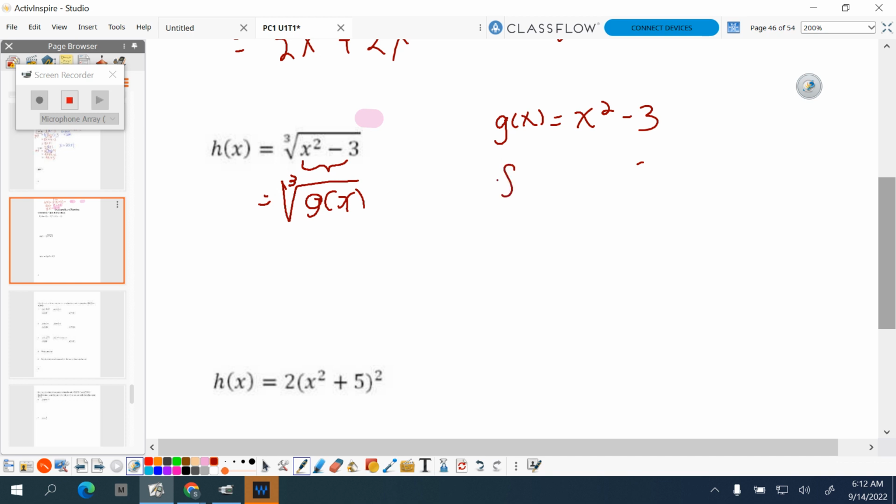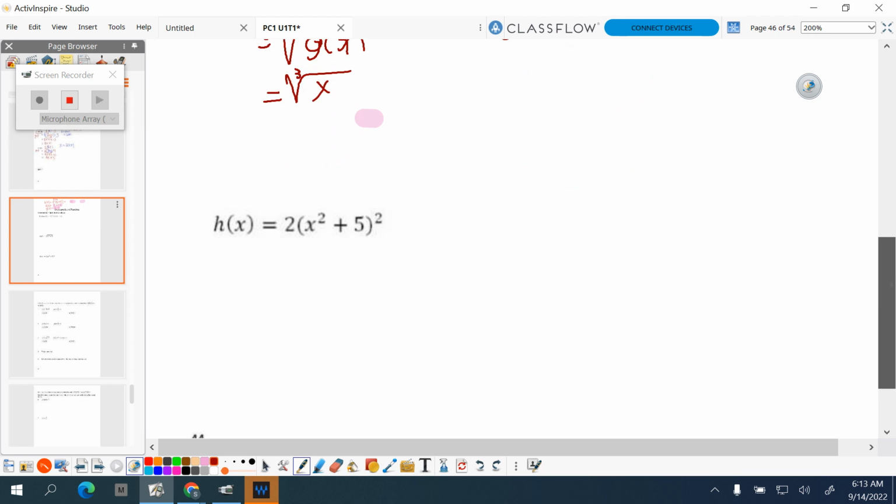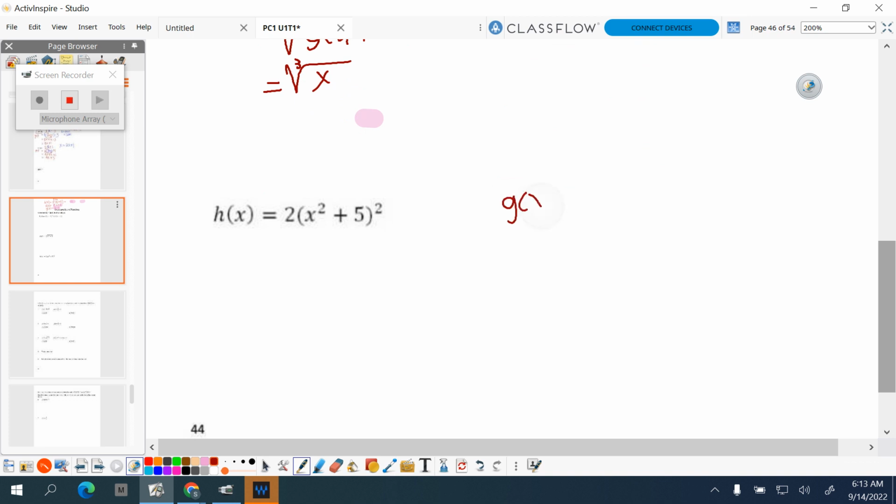And f of x must be, let's replace g of x with x, f of x must be the cube root of x. Amazing. All right, so you do the work for the last one. I know already that g of x equals x squared plus 5, and f of x equals 2x squared. Show the work for it like you did before, and you should be good, guys.